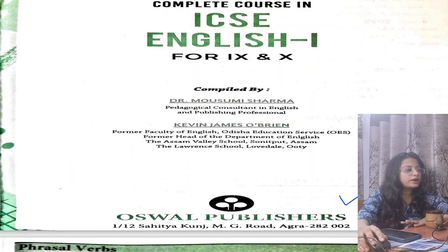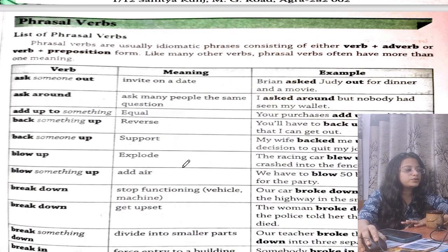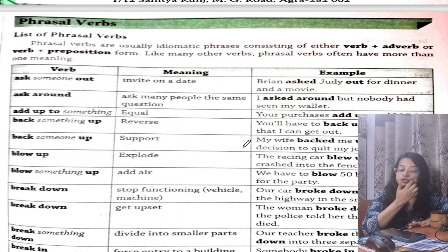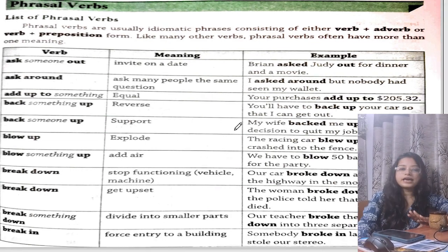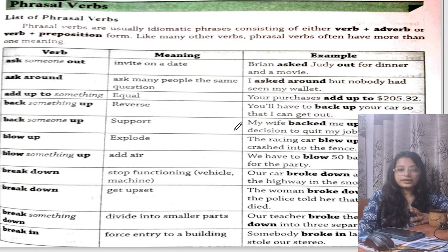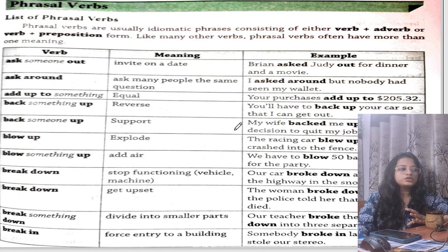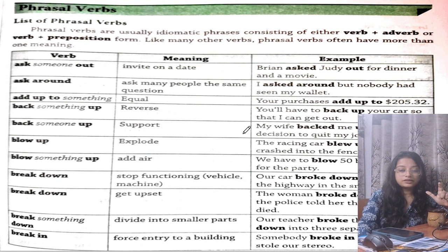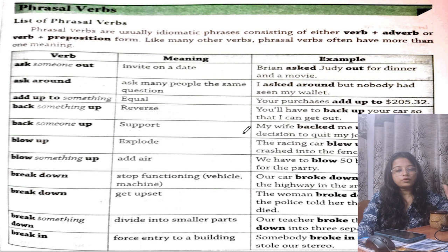This is also a publisher's book, and you have the phrasal verbs list over here. Although I have shown you the phrasal verb part, the book has all the other contents. Next class I will show you the joining part also, that some of you were asking. We'll discuss how the joining exercises are given.